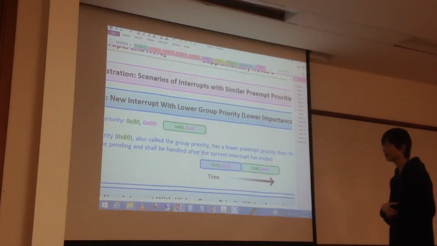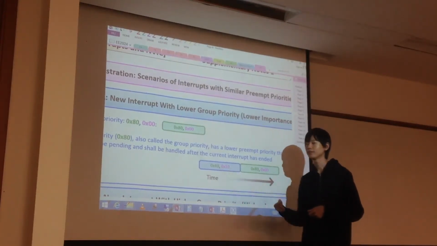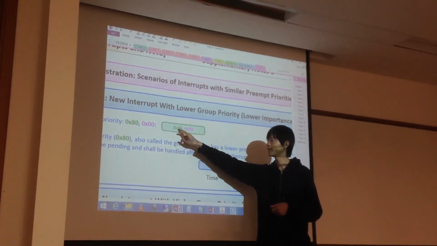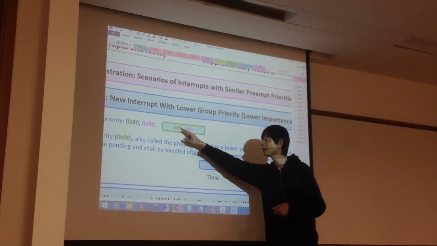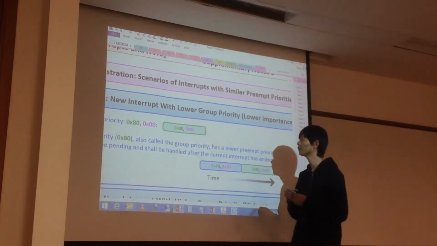What happens here? This one is currently being handled by the processor. It will check the priority. The new interrupt has a higher value. Because the value is higher, the priority is lower, or importance is lower.